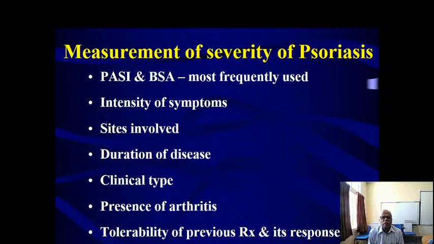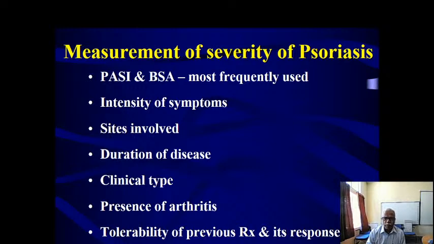Certain assessment parameters we have to assess the severity of psoriasis and to monitor the treatment also. That is body surface area, total body surface area involvement with the plaques, that is called psoriasis area severity index.